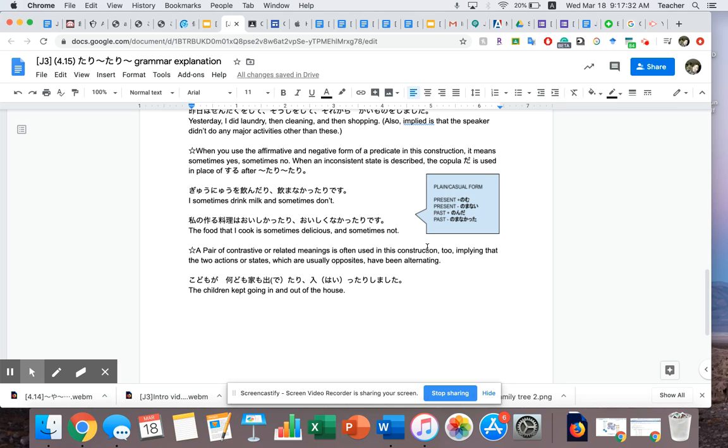So let's take a look at some of these examples. 牛乳を飲んだり、飲まなかったりです。Now, this particular one goes further into the tari tari. This is when you're saying that you have done one thing and then you also have not done the other thing. So there's an inconsistency, ですね。And so it means that you do that sometimes and you don't do it sometimes.